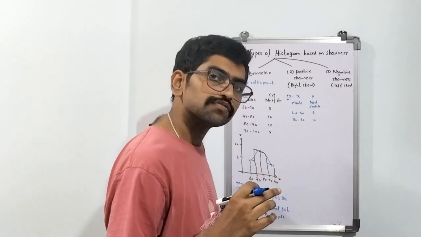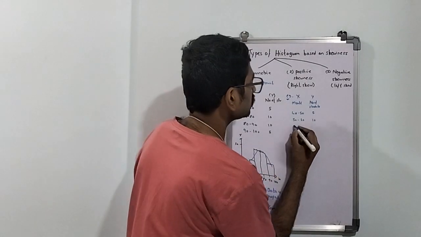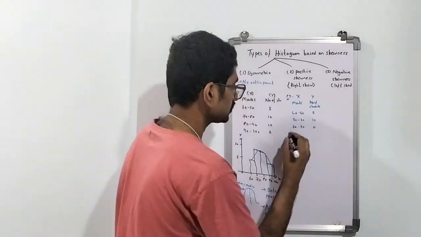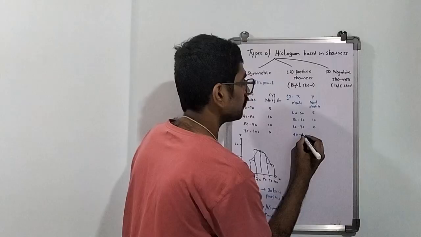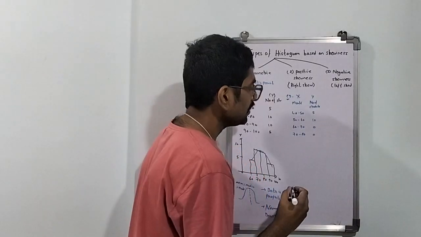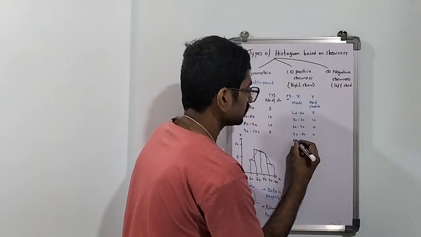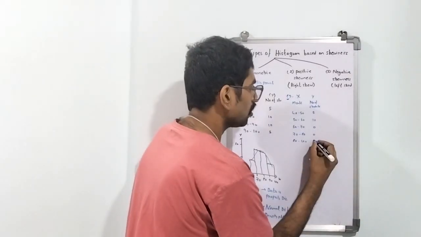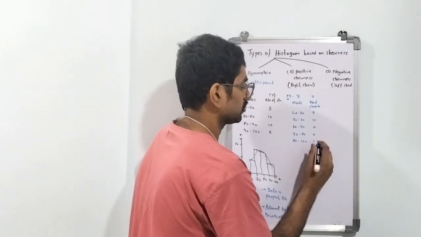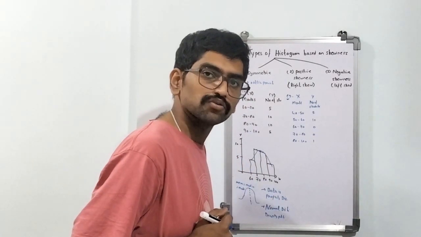Directly after this, what will happen? From 60 to 70, no one has got marks, 0 students. From 70 to 80, again 0. And from 80 to 100, let's say 1 student got marks.